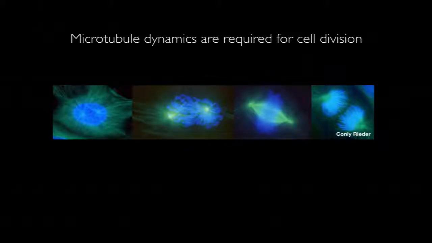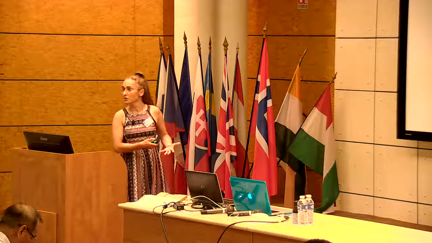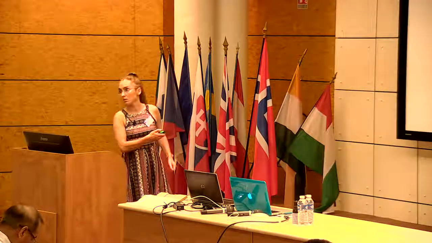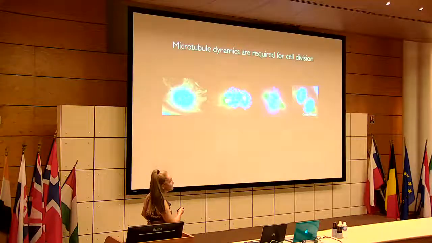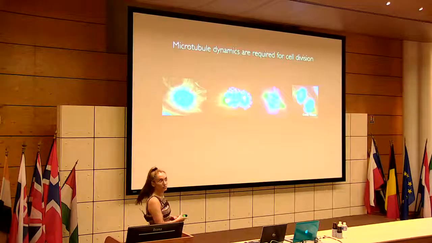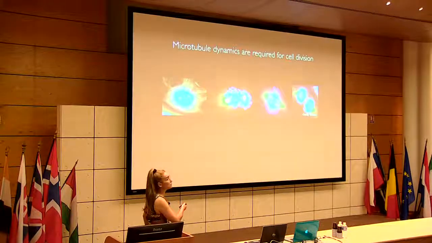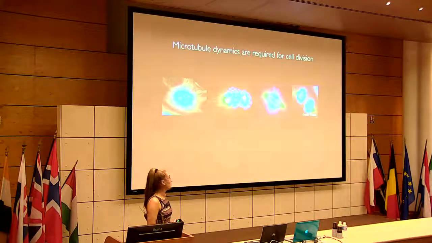Now, why these dynamics? This is because microtubules have to have the capability to reorganize very dramatically through the cell cycle. Again, this is borrowed from Conly Rieder, and it shows in fluorescent microscopy how the spindle evolves to align the chromosomes in metaphase and then separate chromosomes. And this requires the microtubule cytoskeleton to be reorganized structurally and then to depolymerize, because this depolymerization is going to be coupled to the movement of chromosomes.